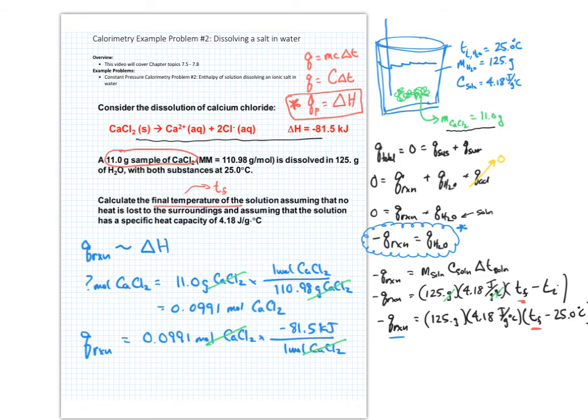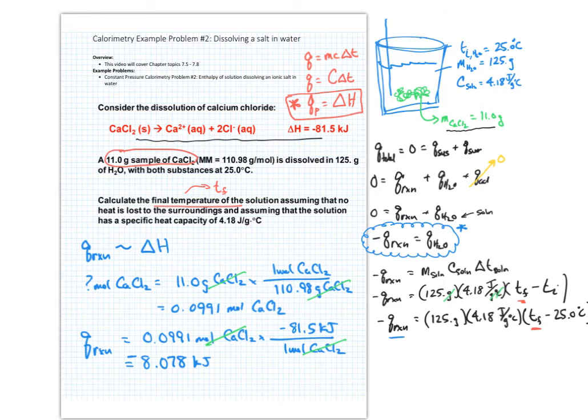Moles is going to cancel moles, and that is going to give me 8.078 kilojoules. And I need to keep that negative sign in there. It's releasing 81.5 kilojoules per mole. So I have negative 8.078 kilojoules.